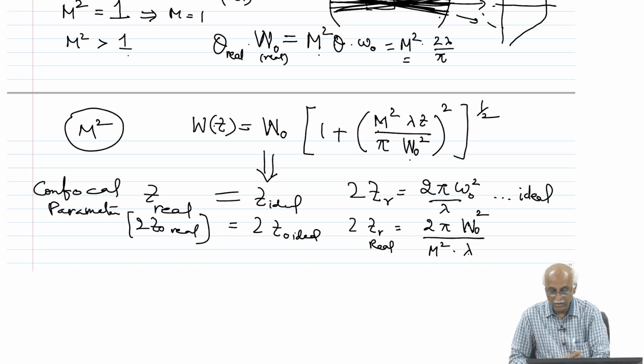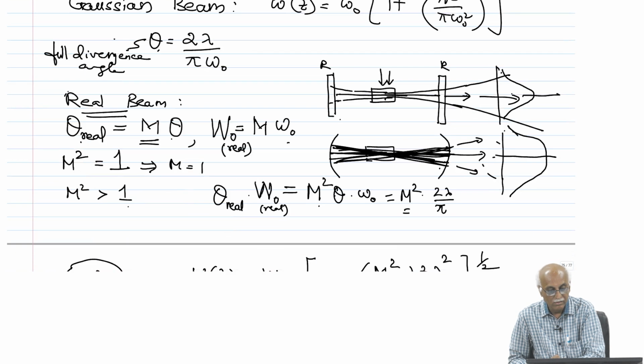What does it mean? If M square is 1, W0 will become small w0, which is the ideal condition. And for Z R real, what is W0? W0 is M into small w0.